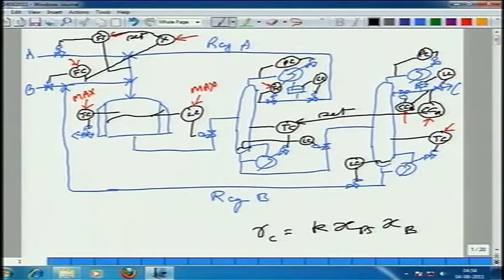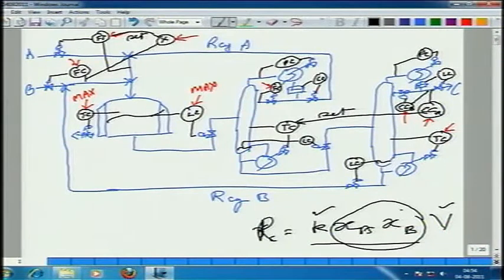K is fixed, temperature is at maximum, volume is also fixed because I am operating at max level. So, this is fixed, this is fixed, the only thing that can change is this. My question is, how does it change? Why does it change? Is the question clear?